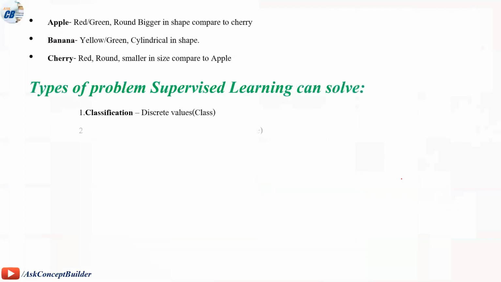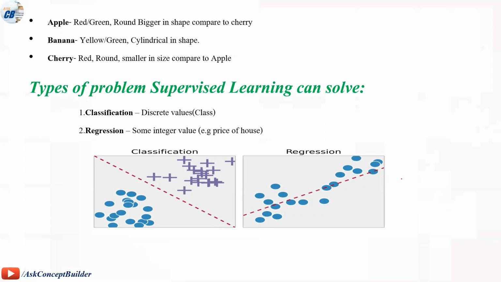this I've already discussed. Okay, what are the types of problems supervised learning can solve? The problems supervised learning can solve are classification and regression problems. So what are classification and regression? In classification, we have discrete values. Like in our previous example, the output is either apple, banana, or cherry, so our output can be either of these three only.